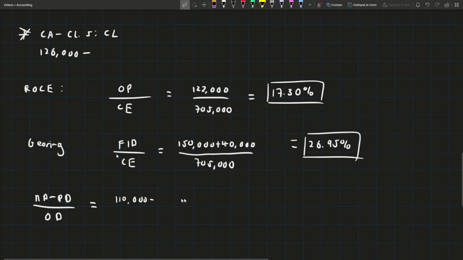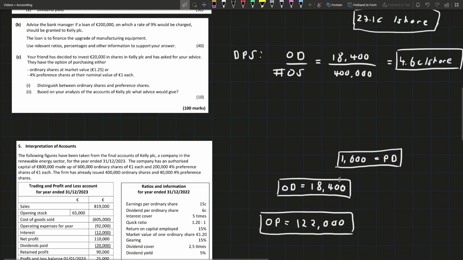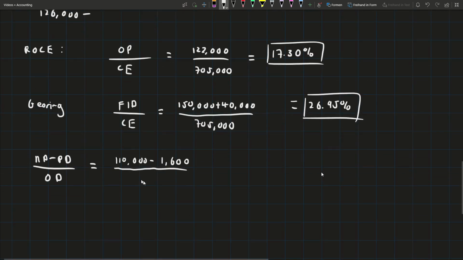This is the preference dividends is 1,600 divided by how many ordinary dividends there are, which is 18,400. And calc, and we get a nice number of 5.89 times. So that's how many times it fits in.